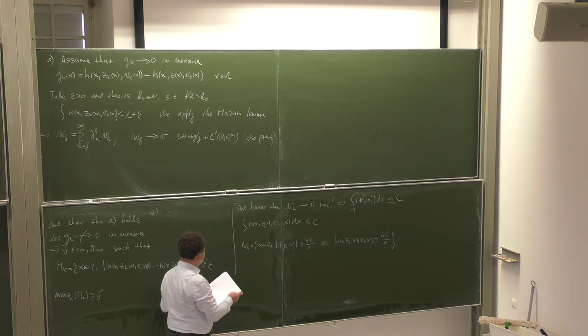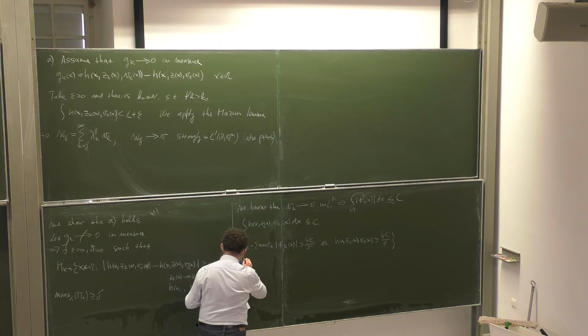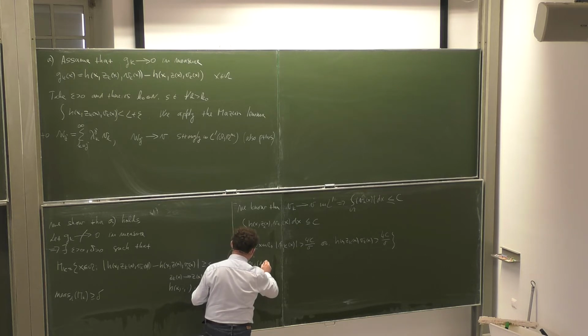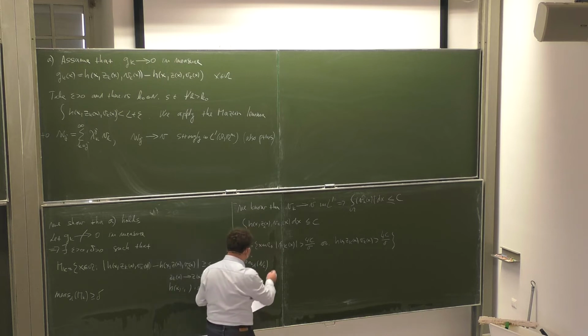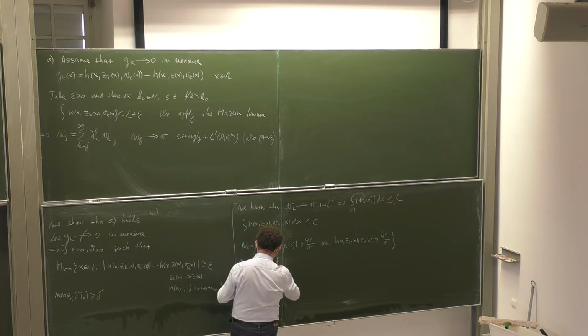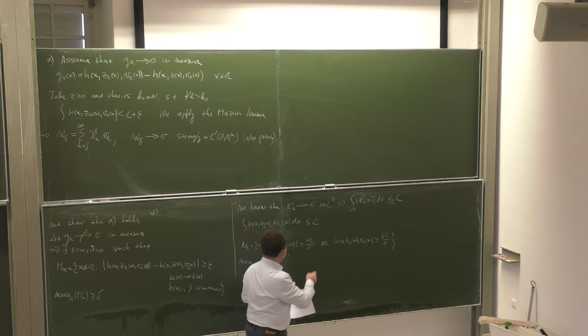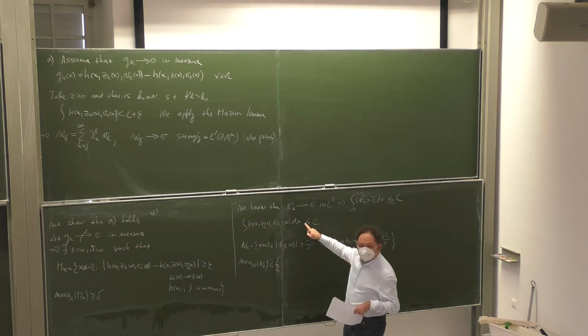So now the d-dimensional measure of Nk must be smaller than delta half, because otherwise we would break these bounds.